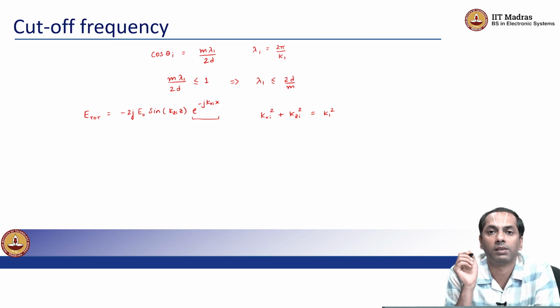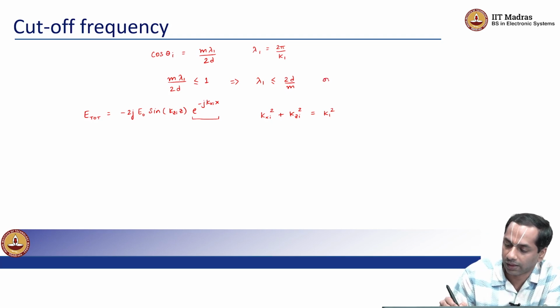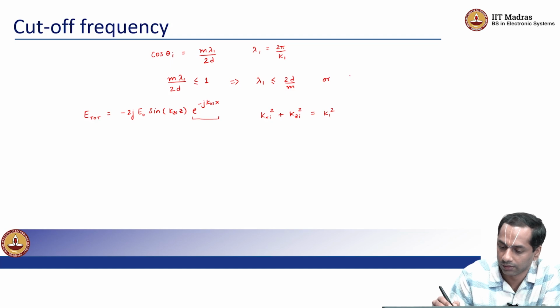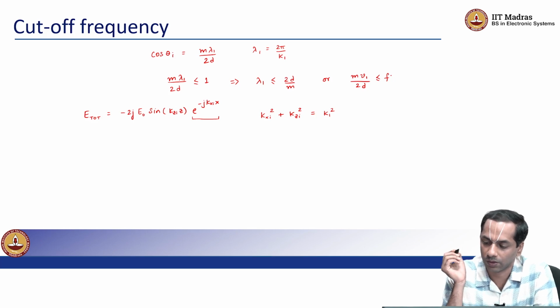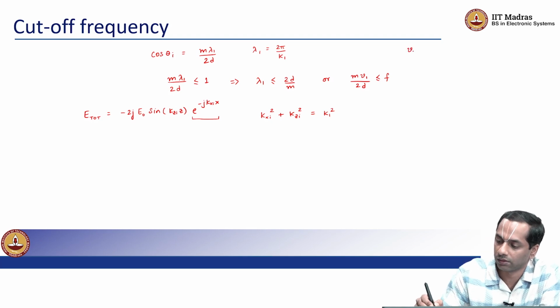okay. And it seems like an upper bound for wavelength, or we can say in terms of frequency mv1 by 2d, okay, that the frequency has to be greater than mv1 by 2d, where v1 is simply f lambda 1.